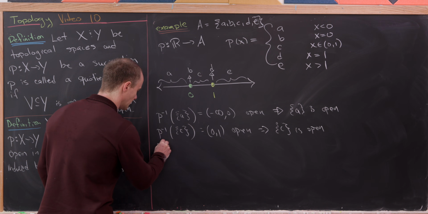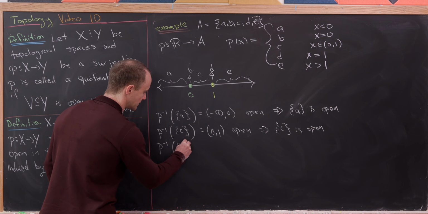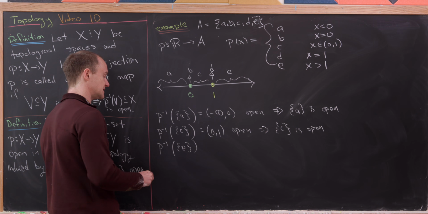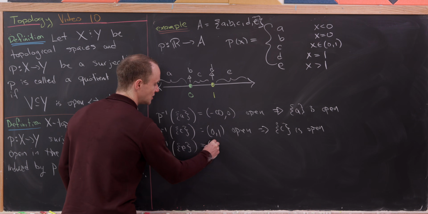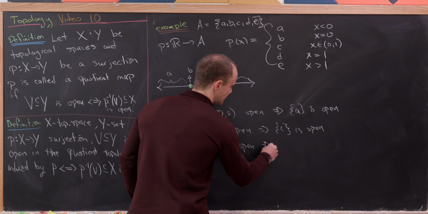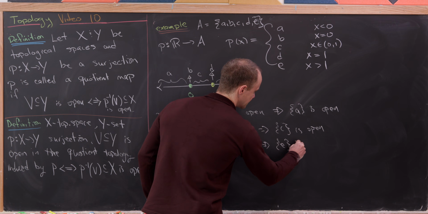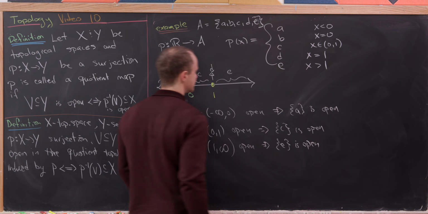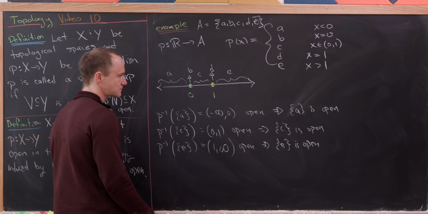And then finally, or maybe not finally, with singletons being open, the singleton containing E, if we take its pre-image, we get the interval from 1 to infinity, which is open, which tells us that the singleton containing E is an open set in this quotient topology.